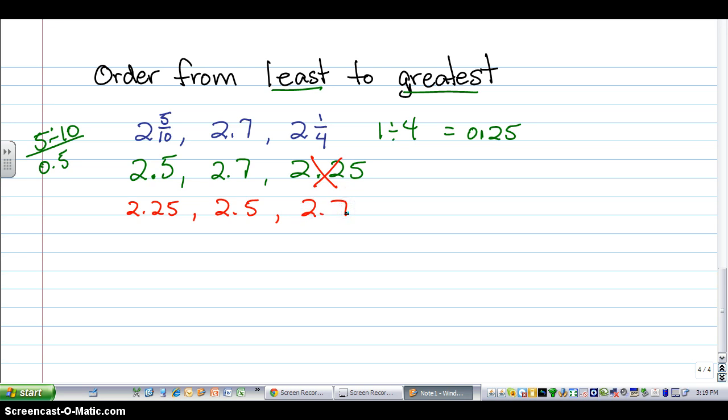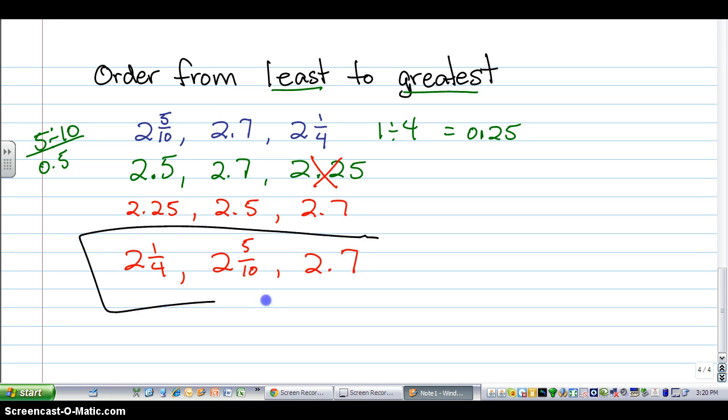But for my final answer, I need to put it back in fraction form. So I'm going to put the 2 and 1/4, then 2 and 5/10, and last is 2 and 7/10. So this is my final answer, ordering from least to greatest.